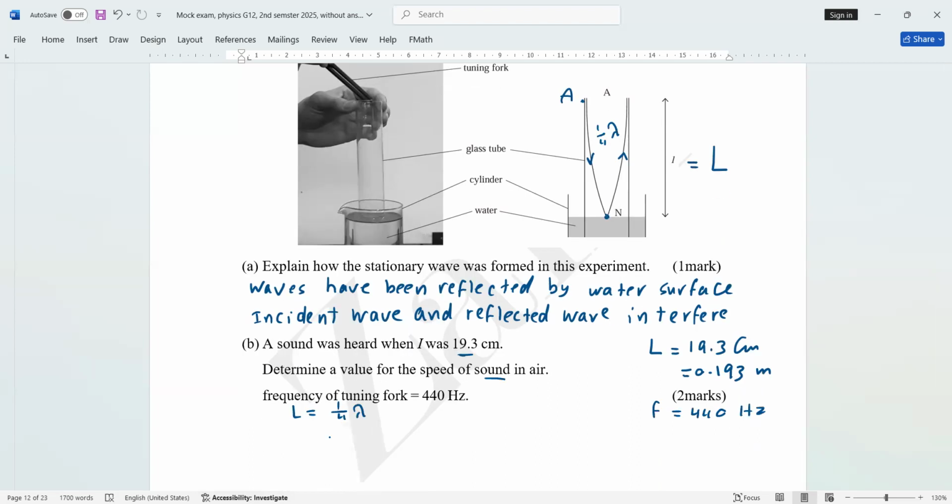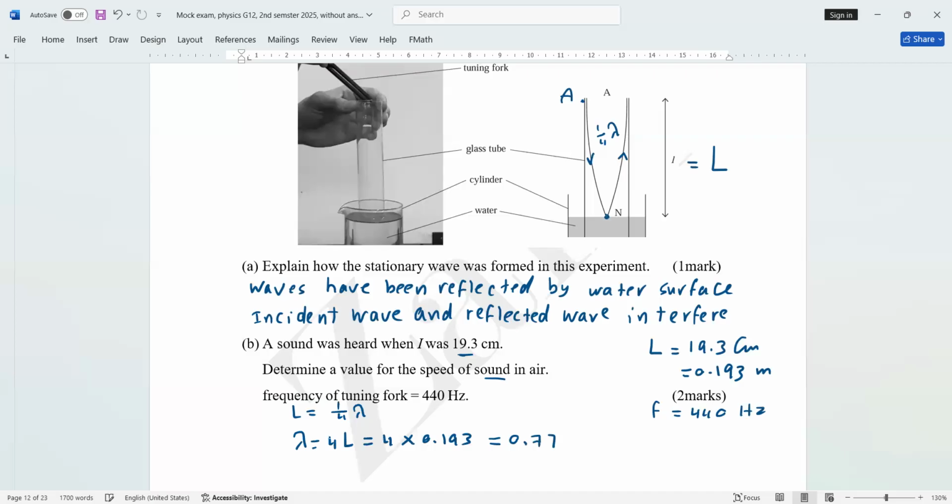So lambda equals 4 multiply L. 4 multiply 0.193. So lambda equals 0.772 meter.